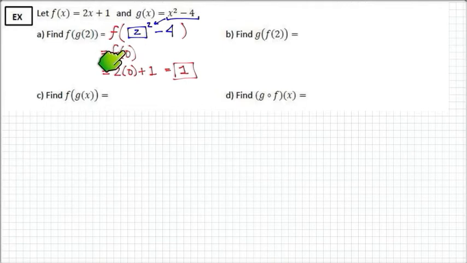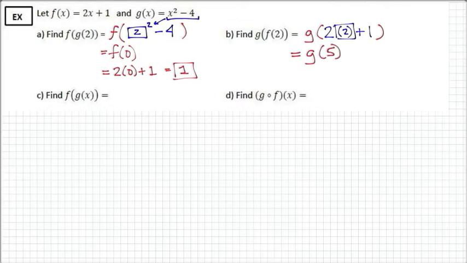I get 0. F of 0, I just plug 0 into the f function, and I get the answer of 1. Same thing with this other case here. I'll start from the inside out, plug 2 into the f function, evaluate that, then plug 5 into the g function.